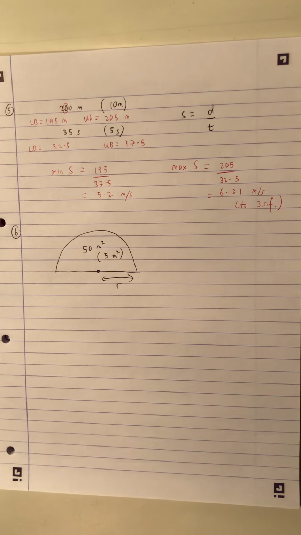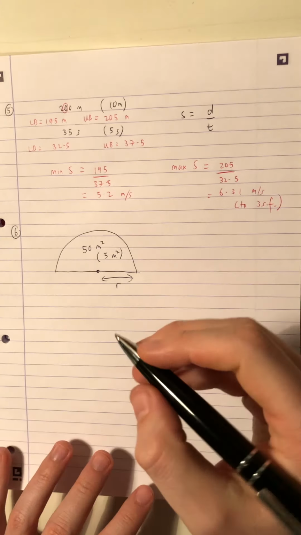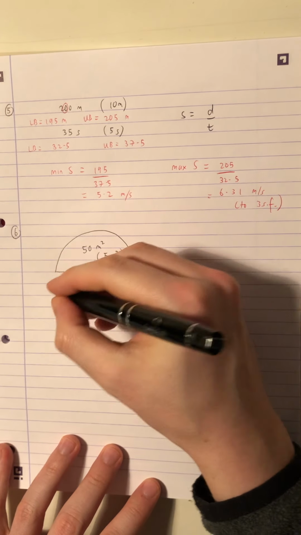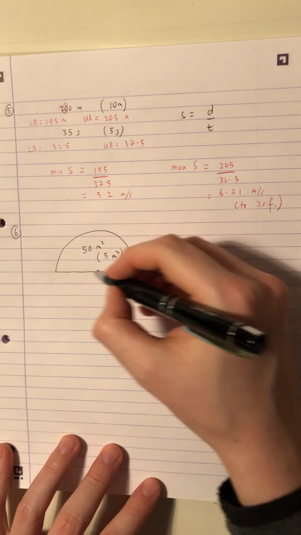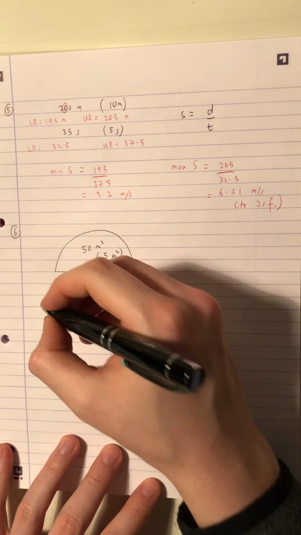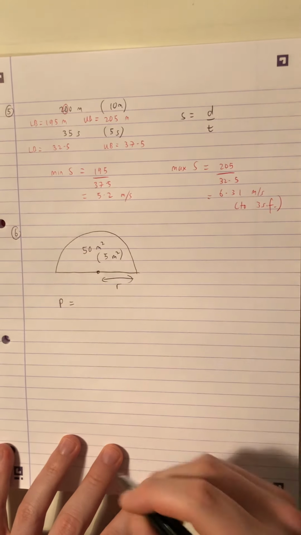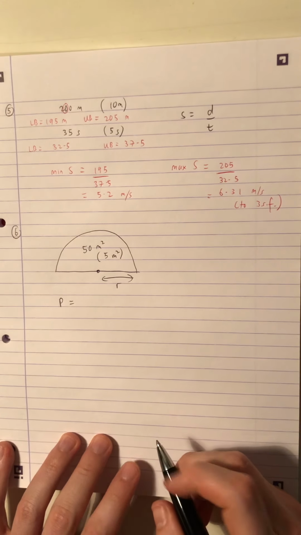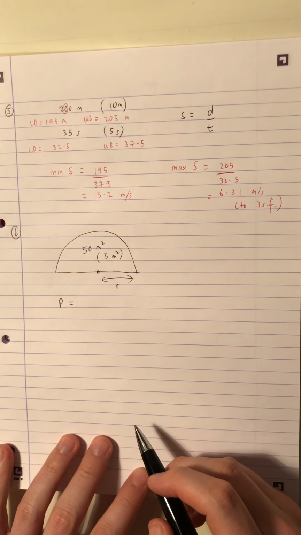Okay, right, let's try and do this. So, perimeter is around the outside. So P for perimeter. Let's come up with a formula for perimeter that gets me a method mark guaranteed.